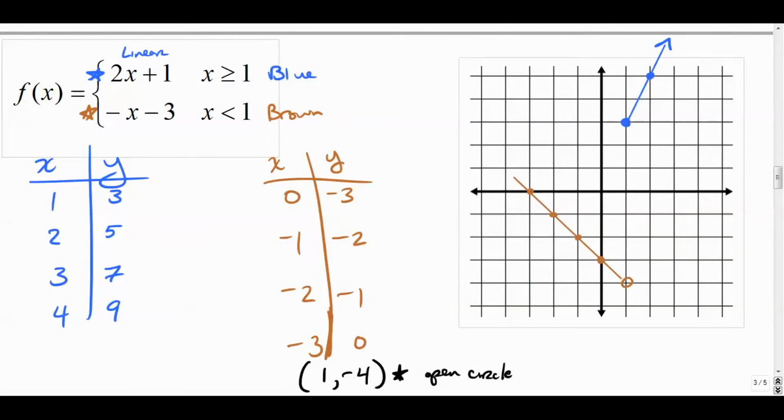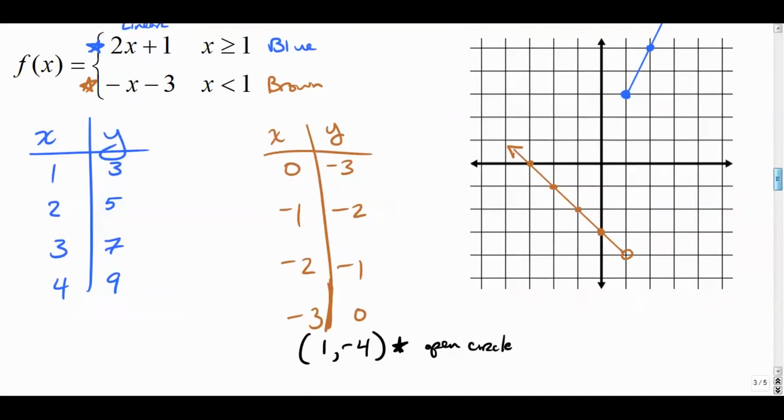There we go. And that should go right down and touch that open circle. And that goes on forever in that direction. Alright, so you can see that this is a function. Right? Open down here, closed right above it. And there's a nice barrier right there at x equals 1. So that's the piecewise function.